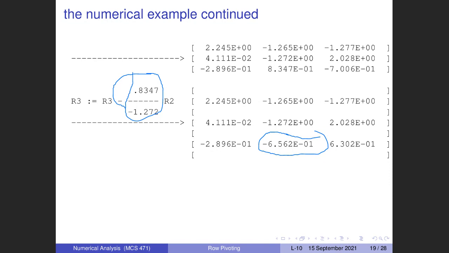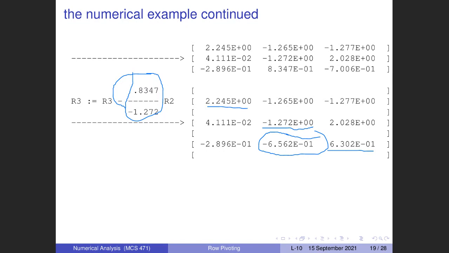All right, so these are the essential steps in the LU factorization with row pivoting. A check is often to compute the determinant. If you want to know whether this is correct, you compute the product of the diagonal elements and compare it with the determinant.